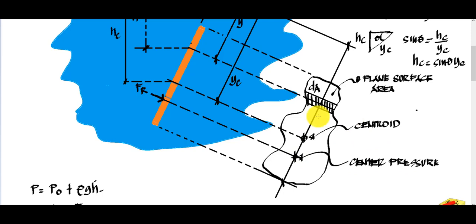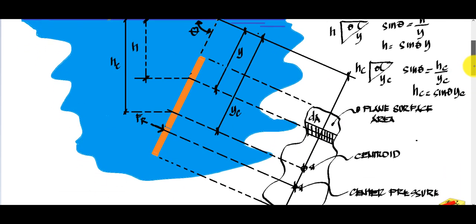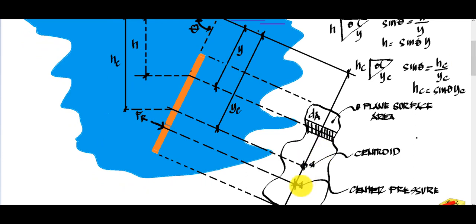So the resultant force Fr is acting below the centroid, where your pressure is higher. So we have here your Fr beneath the centroid.